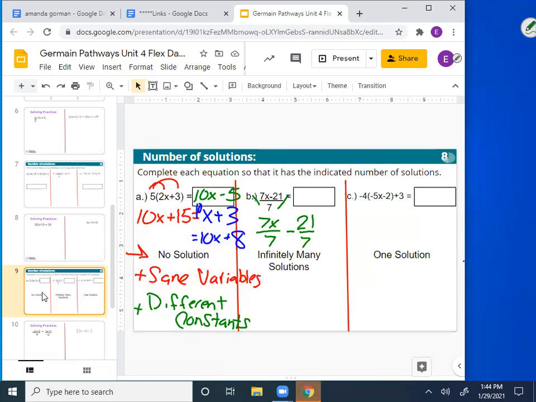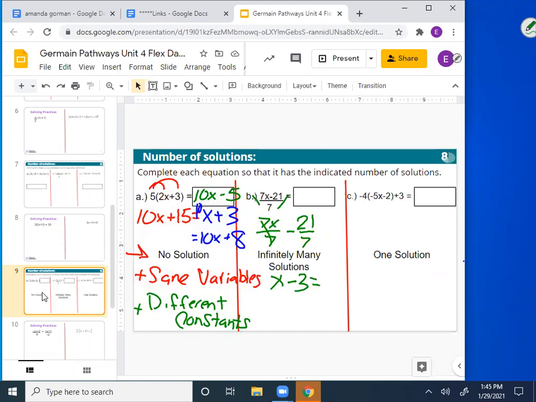So, how many x's would be left when I divide? Just x. Just an x. Yes, Billy, very good. X and negative 21 divided by 7. Avery. Negative 3. Negative 3. So, what are we going to write on the other side of this equation so that it has infinitely many solutions?